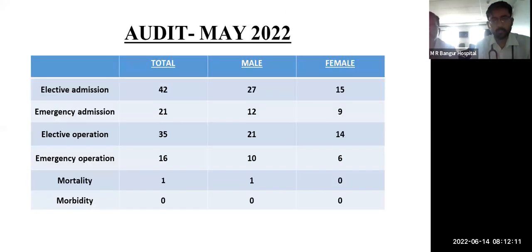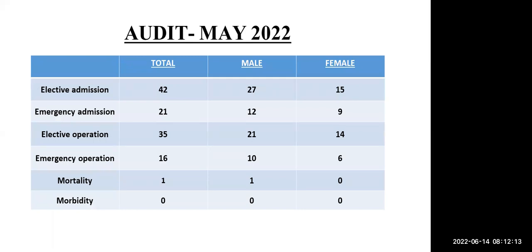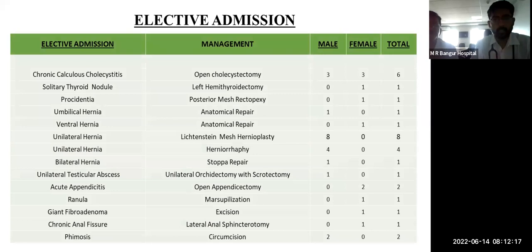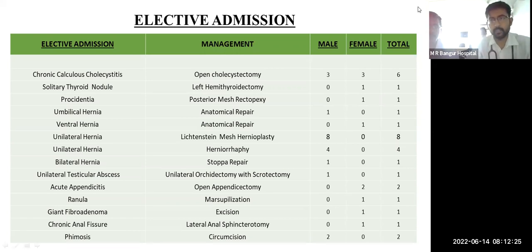This single mortality was of a single male. Among the elective admissions, we had 6 cases of chronic calculous cholecystitis who underwent open cholecystectomy. One left solitary thyroid nodule in a female who underwent left hemithyroidectomy.